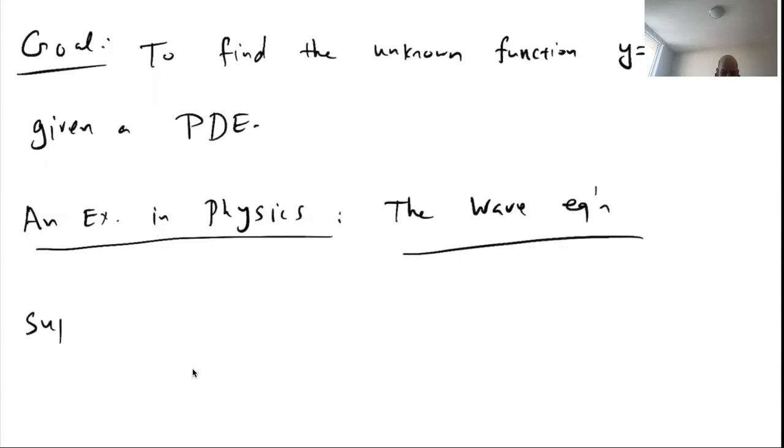So consider u equals u of x and t. A wave function is a function of x and t, position and time.